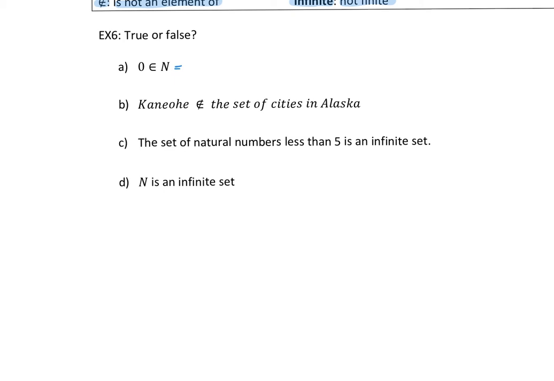Since we use the natural numbers so often, whenever you see that capital N, you can assume, unless stated otherwise, that it is the set of natural numbers 1, 2, 3, and so on. So is 0 an element of the set of natural numbers? No, it's not. So the statement is false, right? Because 0 is not an element of the natural numbers.